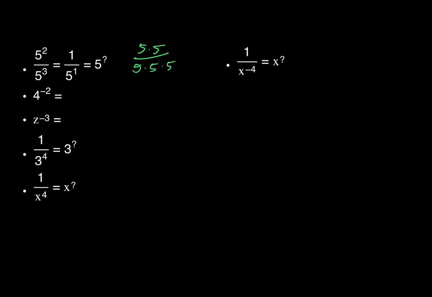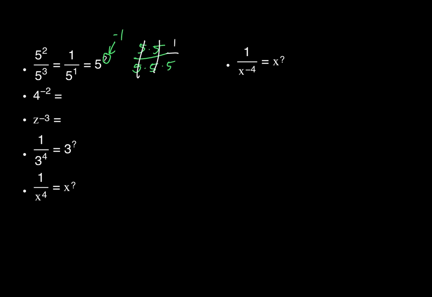Then going back to practices you've done in the past, 5 divided by 5 is 1, 5 divided by 5 is 1. I'm left with 1 over 5, which is here. But then to rewrite it as a base 5 like this, what is that exponent going to become in my question mark there? This right here is negative 1. All right.